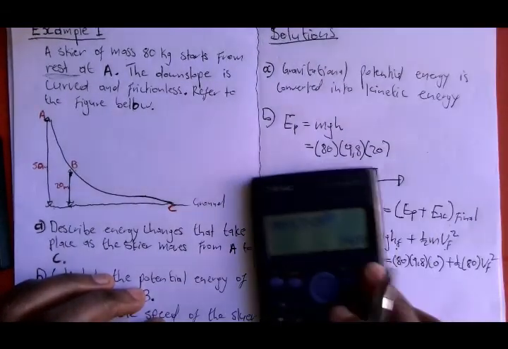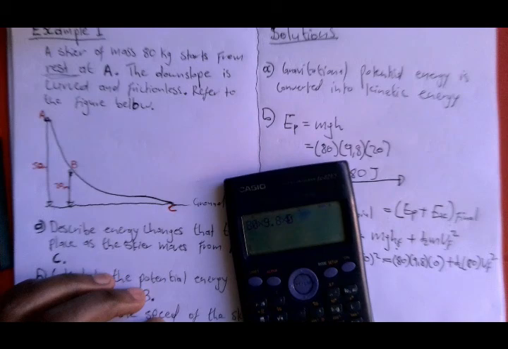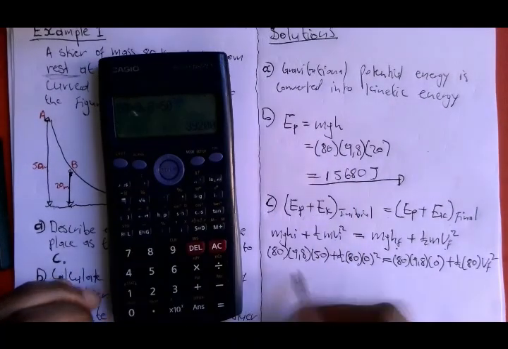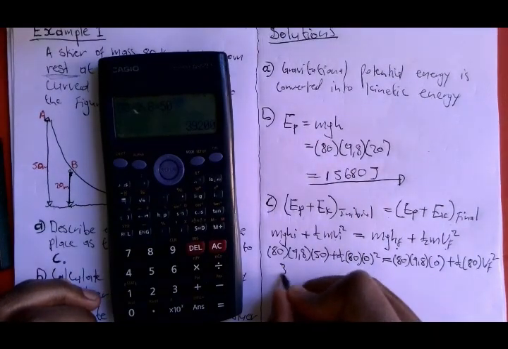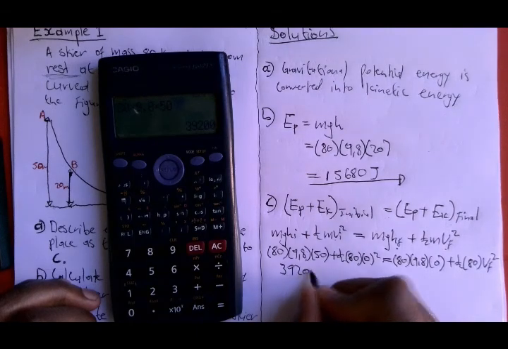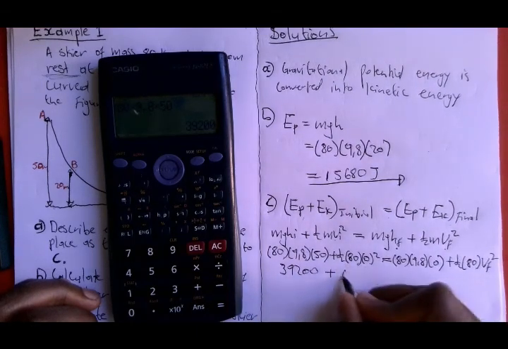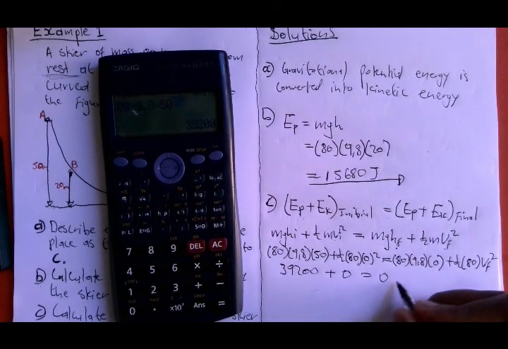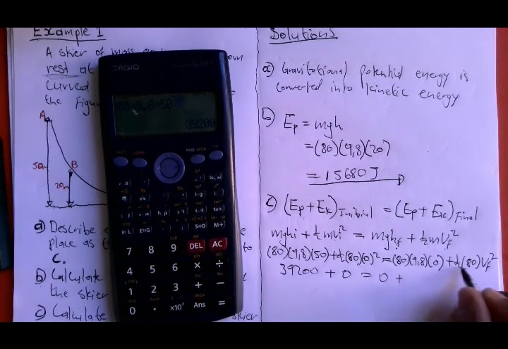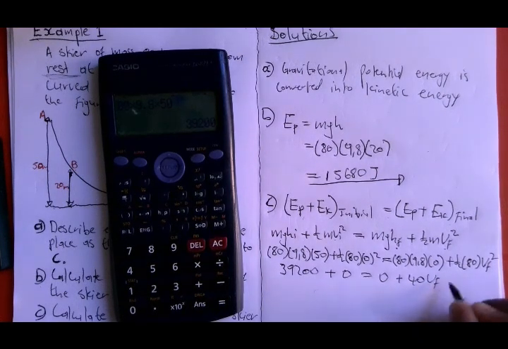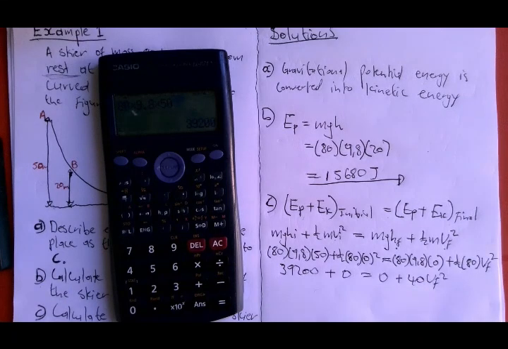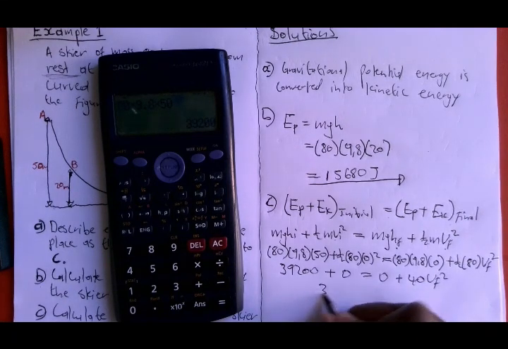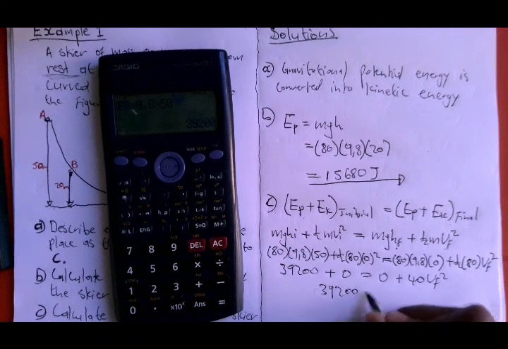So what do we have here? We're going to have 39,200 plus 0, which is equal to 0 plus half of 80, which is 40 vf squared.